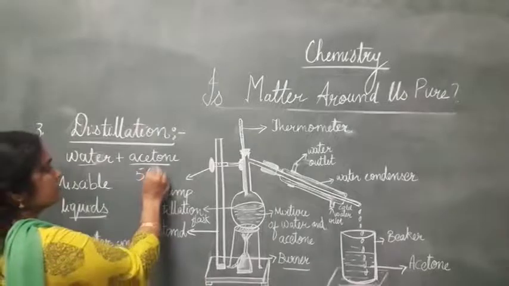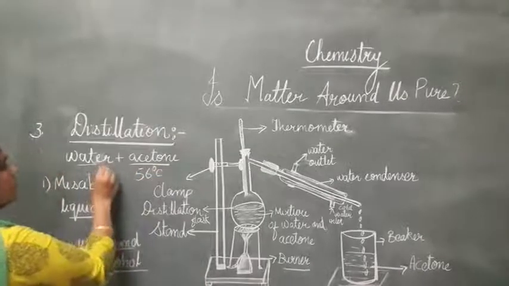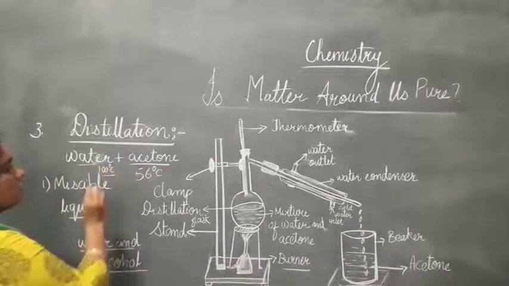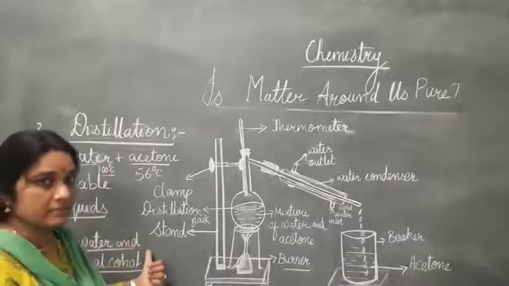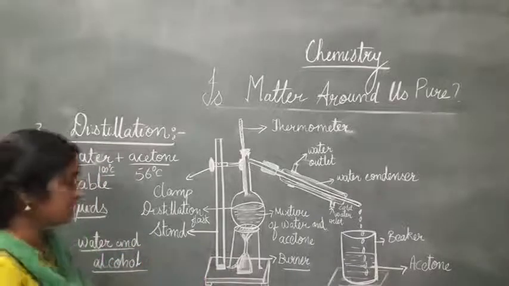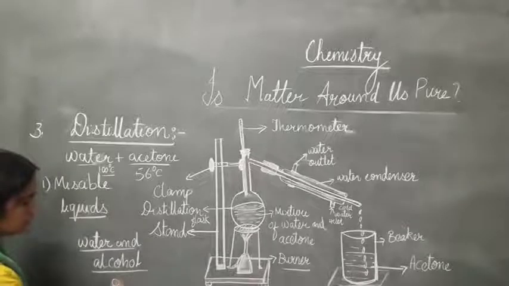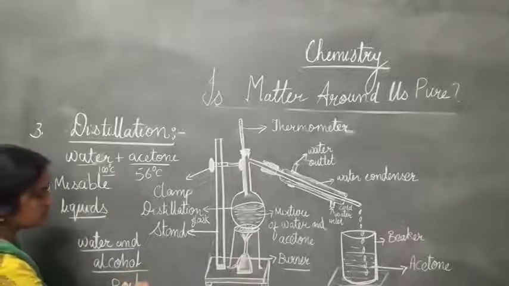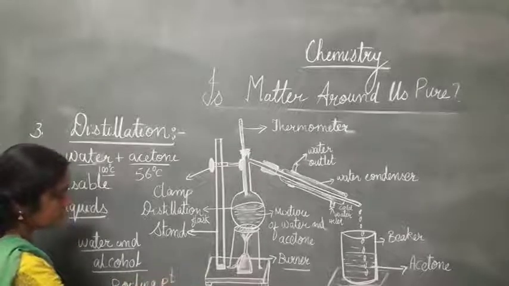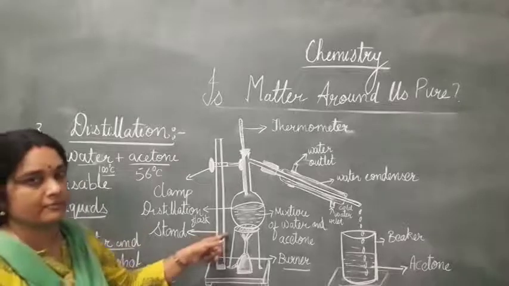So two miscible liquids should have a large difference in their boiling points. Then this method can be used.